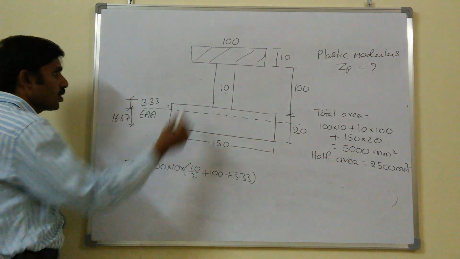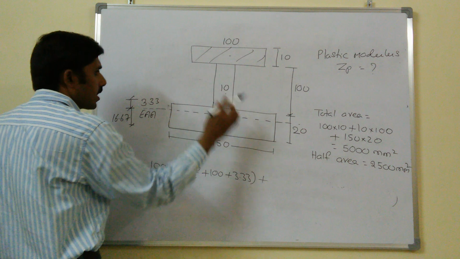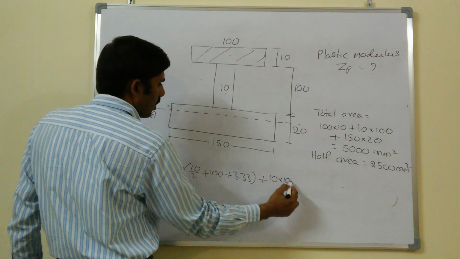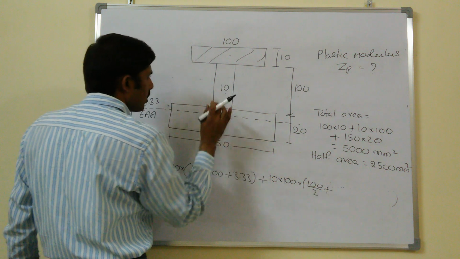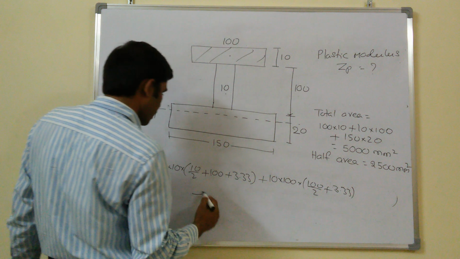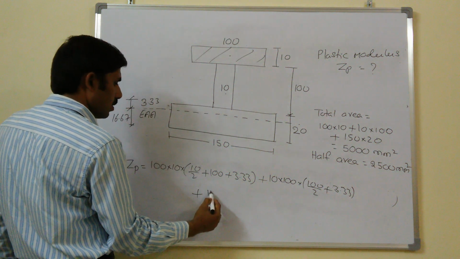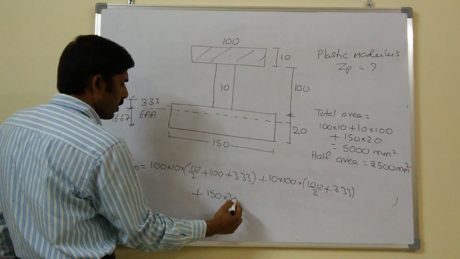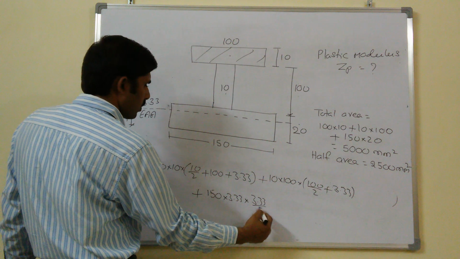Up to the equality axis, the standard distance is: this rectangle, 10 into 100 into 100 by 2 plus 3.33, plus this one, 150 into 3.33 into 3.33 by 2.